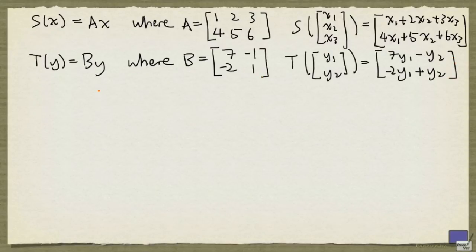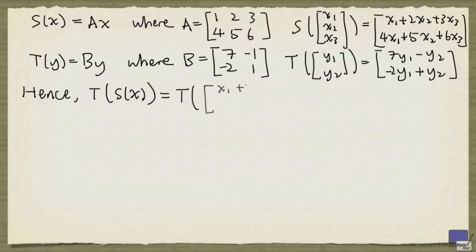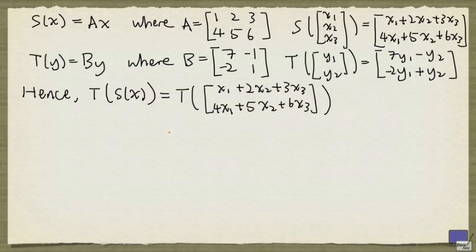So we are now going to look at the composition of these two. In particular, we're going to look at what T of S of x is. S of x is, as we have seen up here, x1 plus 2x2 plus 3x3 in the first component, and 4x1 plus 5x2 plus 6x3 in the second component.